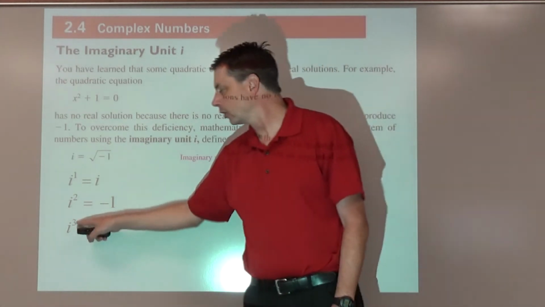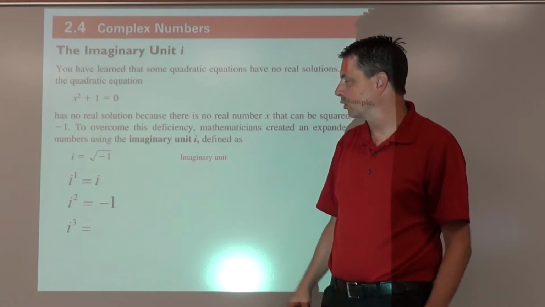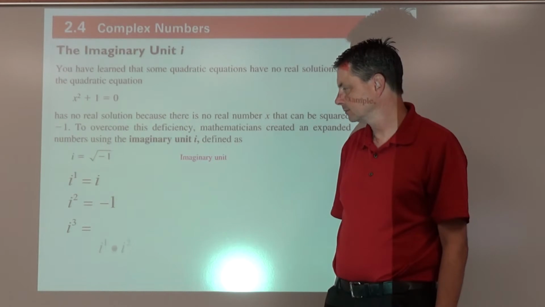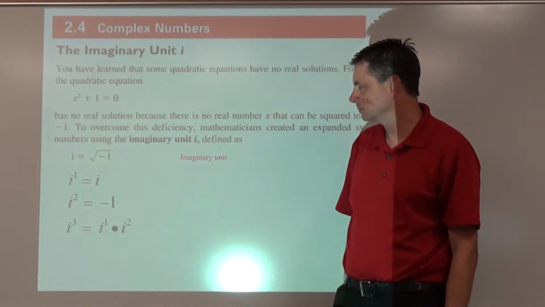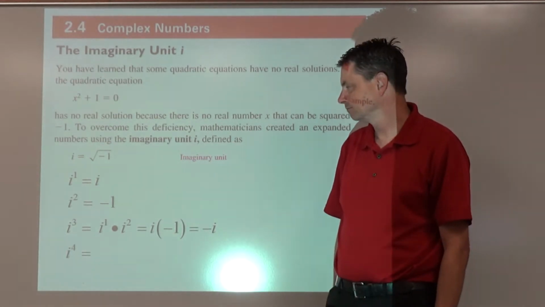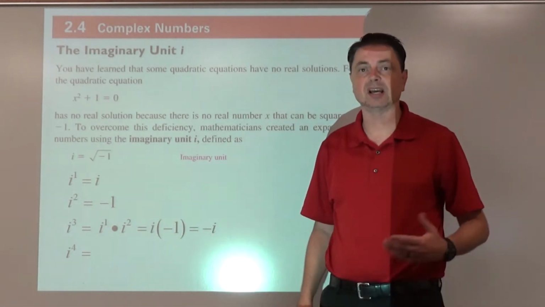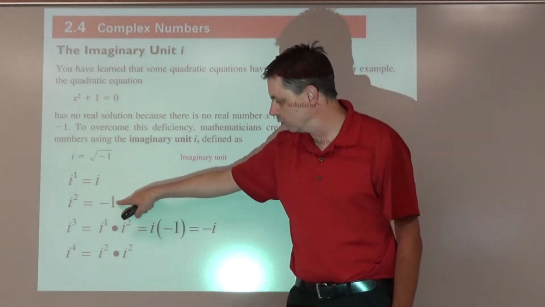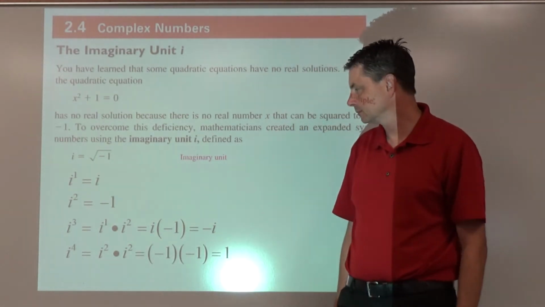And then i to the third power, we can use what we know about exponent properties and say, well, that would have to be i to the first times i to the second, which means it's i times negative 1, and that would be negative i. You do something similar for i to the fourth and say that's i squared times i squared, and therefore negative 1 times negative 1 would be positive 1.